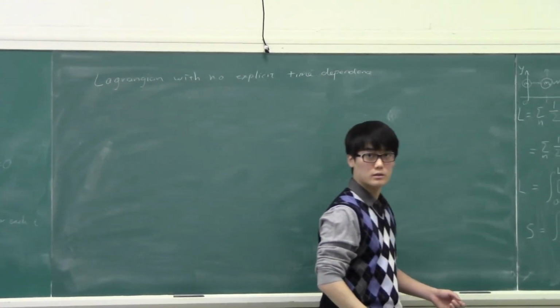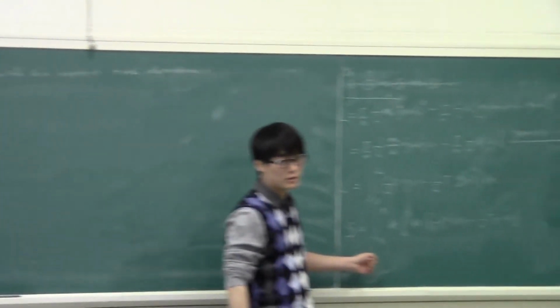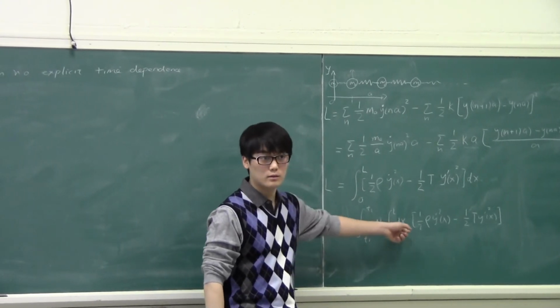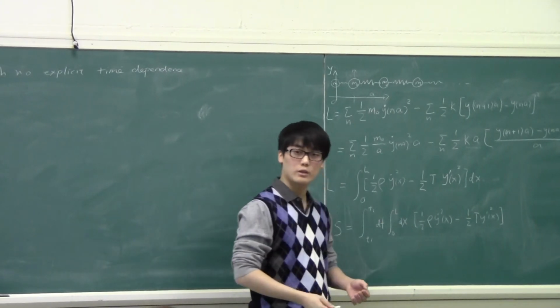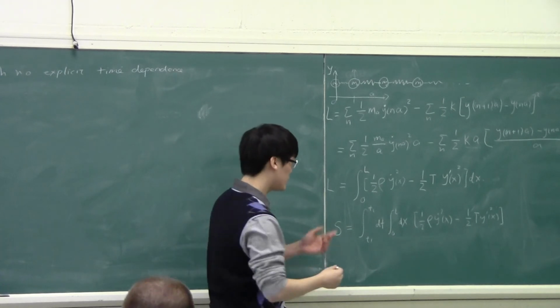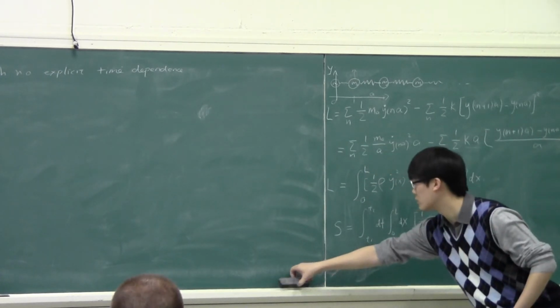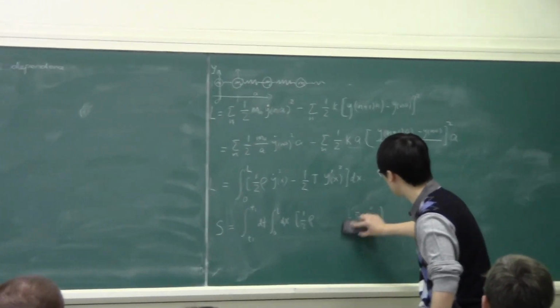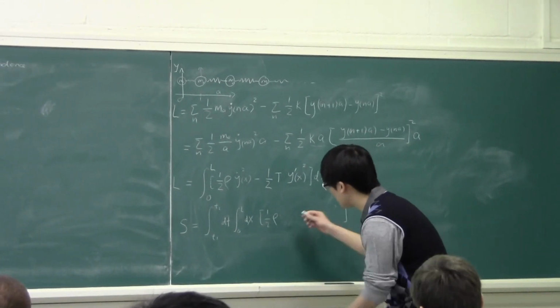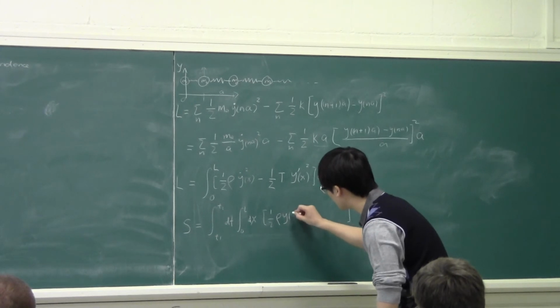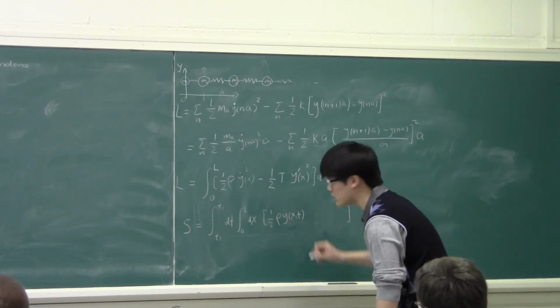So now this action depends on two independent variables, t and x. In general, maybe I should write this more carefully so that you get a clearer picture. So let me write the dependence of y out. It's going to depend on both x and t.